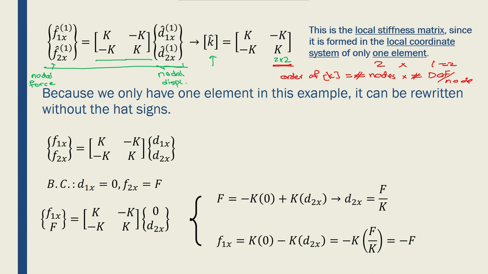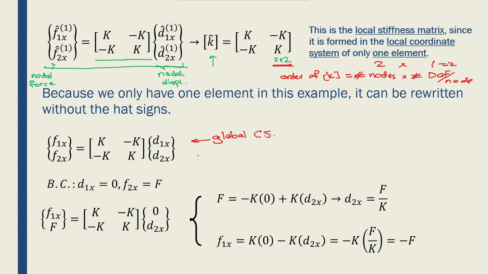Because we only had one element here, we can remove the hat signs and write this as its global or total stiffness matrix. They're both the same right now. Because it doesn't have the hat sign, they are in the global coordinate system.